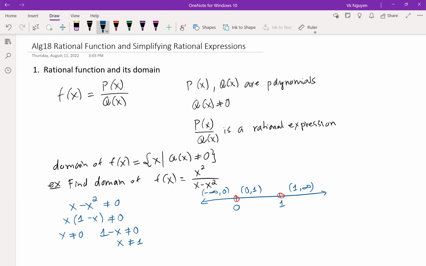And the 3 intervals here are the domain of the function. The domain is negative infinity to 0, 0 to 1, 1 to infinity.